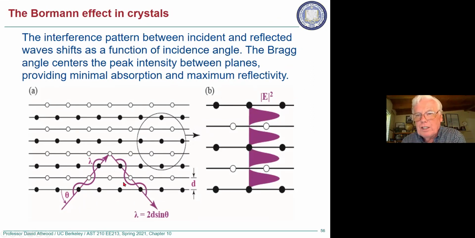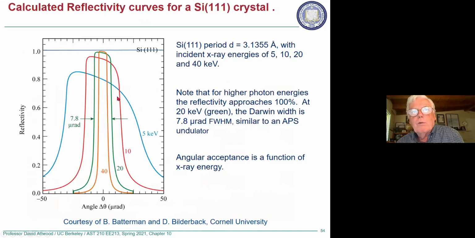They form a standing wave, which is shown here, where the highest electric fields are in the middle of the planes, and the electric fields at the planes where the core electrons are confined are very small. So that is an important part of why you get such high efficiency. And that's all I was going to say for today.